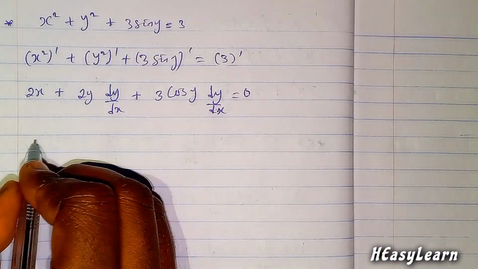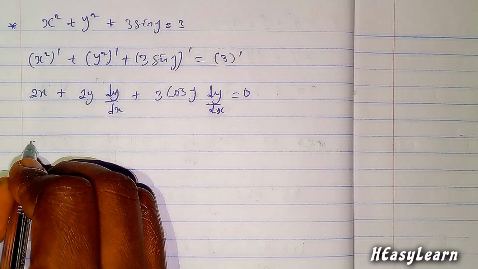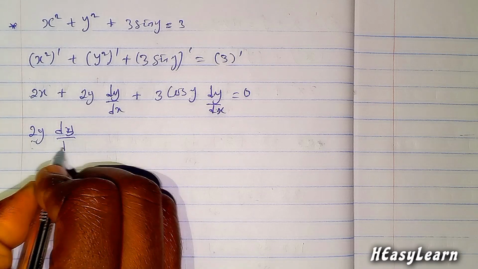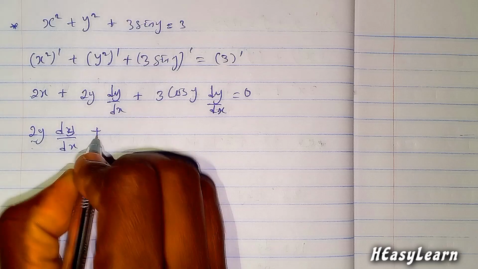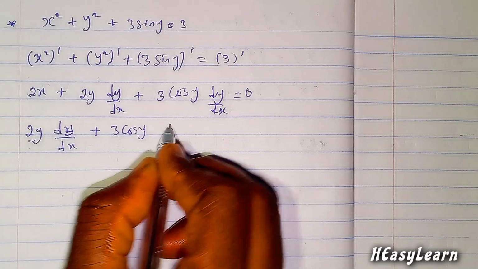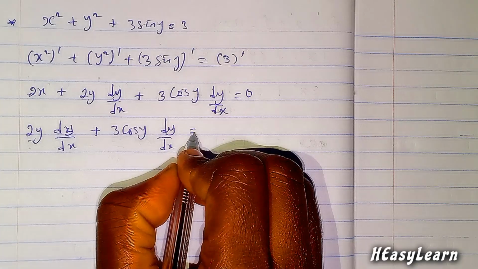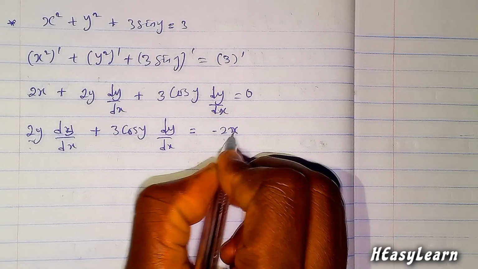So in this case, put the terms with dy/dx and the terms without dy/dx on separate sides. 2y dy/dx plus 3 cos y dy/dx equals minus 2x.